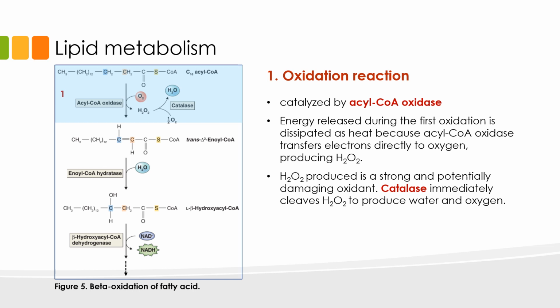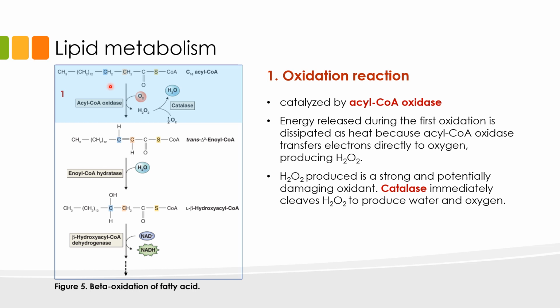In this example, we have a 16-carbon fatty acid that has already been activated. We have the carbon shaded as an indicator of their position relative to the carboxyl group. The carbon shaded in pink is the alpha or first carbon from the carboxyl group. The carbon shaded in blue is the beta or second carbon from the carboxyl group.